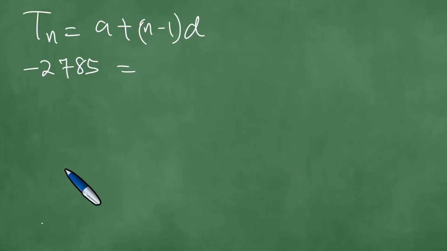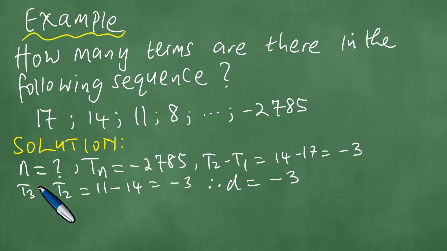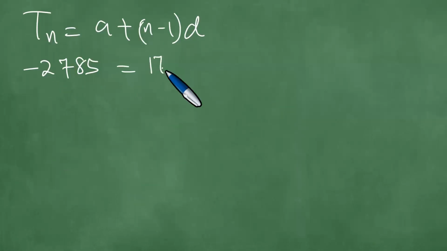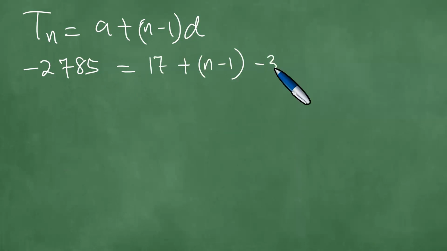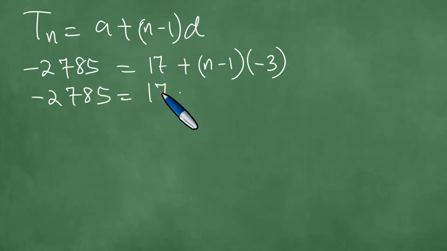What is the first term? 17. And the common difference is negative 3. So minus 2785 equals 17 minus 3n plus 3.